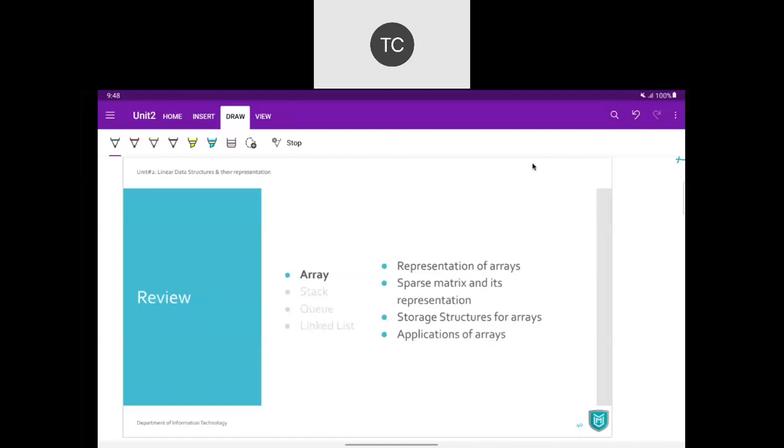So in array we started with representation of arrays 1D, 2D. We have seen sparse matrix and representation also. Earlier we have seen storage structure of arrays, always contiguous memory allocation. In that part we have also gone for address calculation. And the last point was applications of stack.